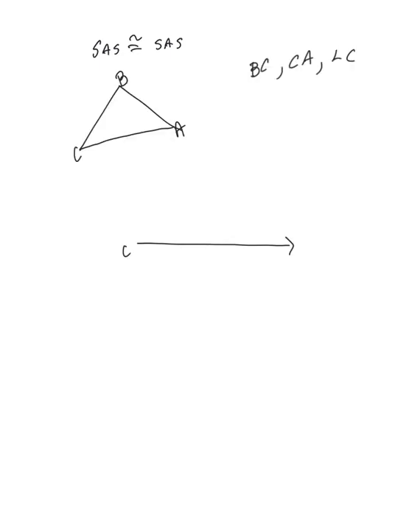Okay, so I had to pick 2 sides, so I'm picking BC and CA, and then I had to pick the angle between them. All right, so you start off, I wrote C down on the ray that I'm copying this onto.